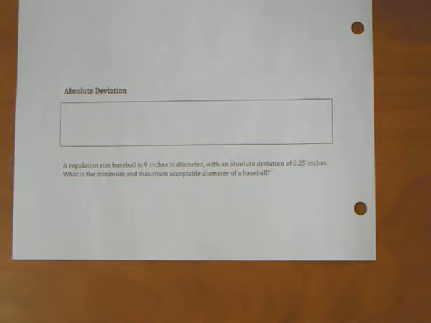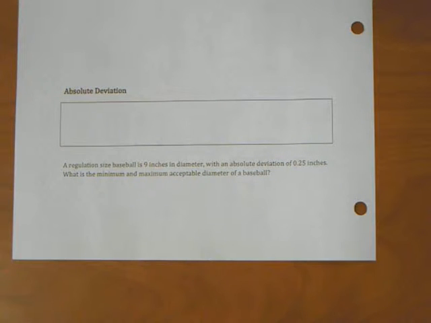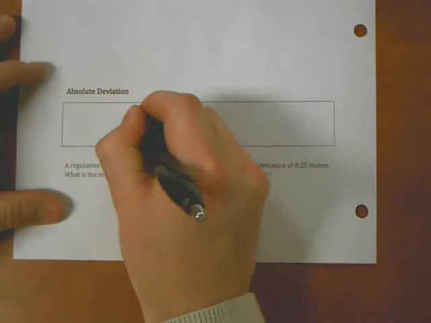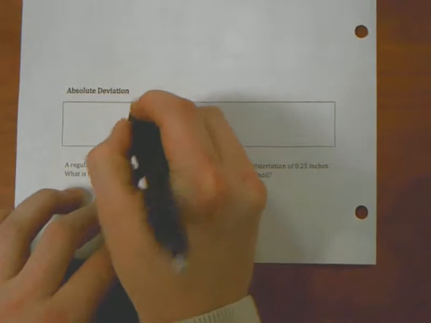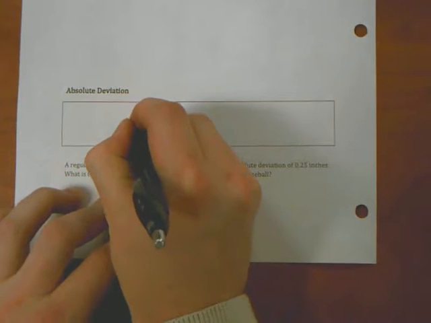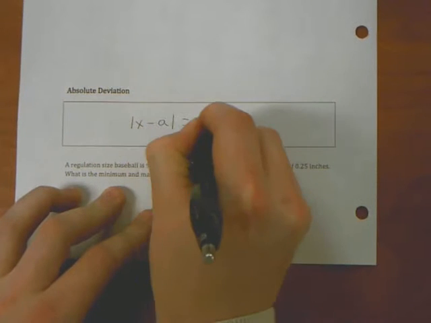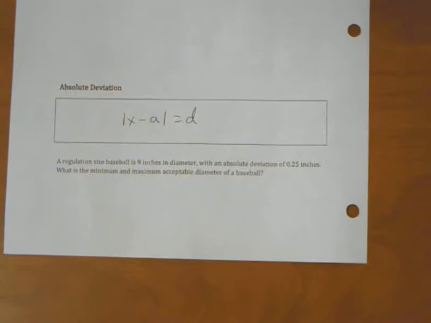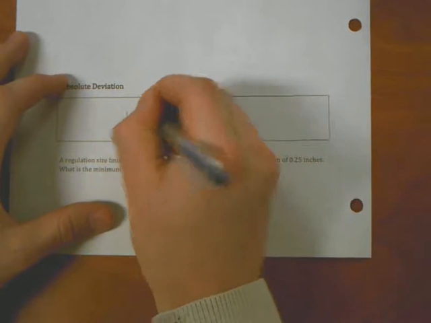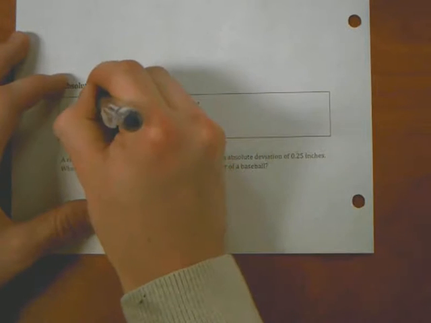So we're just going to take a quick note on absolute deviation. So, we're going to write this down. The absolute value of x minus a equals d. So x represents possible values.